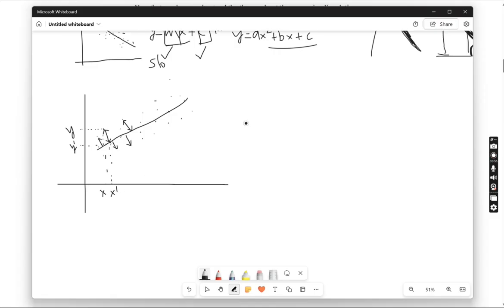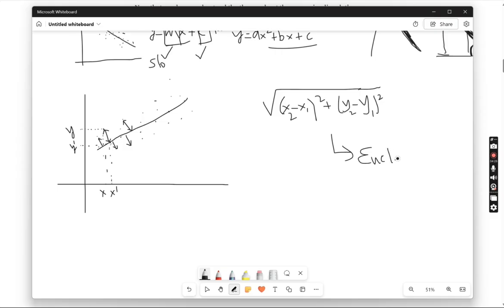Now we already know the formula to calculate the distance between 2 points, which you must have already seen: x2 minus x1 whole square plus y2 minus y1 whole square. It is a very standard formula, taught in high school. It is called the Euclidean distance measurement.